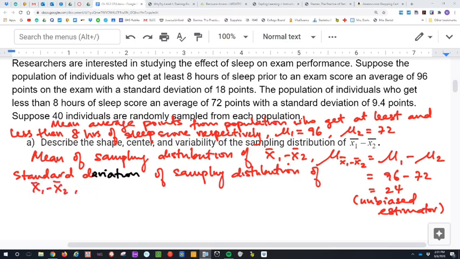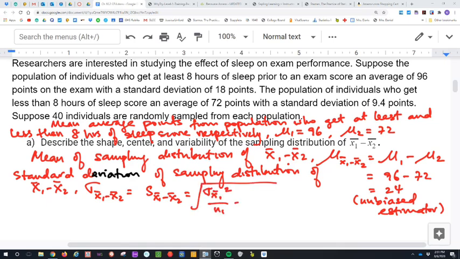Okay, the symbol for that is sigma of x1 bar minus x2 bar, right? Because this is a sampling distribution referring to the sample, we are changing it to S, S sub x1 bar minus x2 bar.